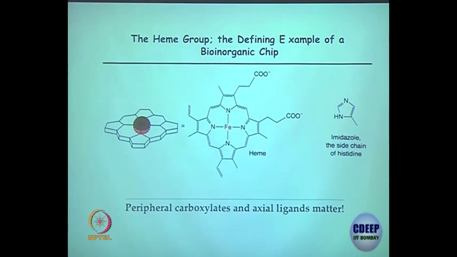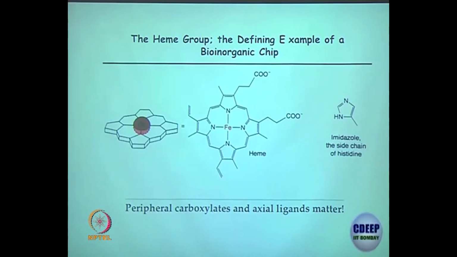This is the imidazole, which also binds. So if the porphyrin is actually flat, like this flat, so iron is, let's say, in the middle of my palm, and then imidazole is right over here in the middle. So below this plane, this is a plane, below this plane imidazole is bound like that.